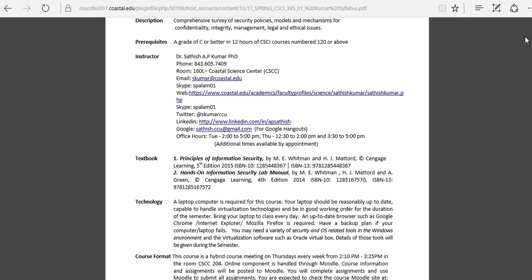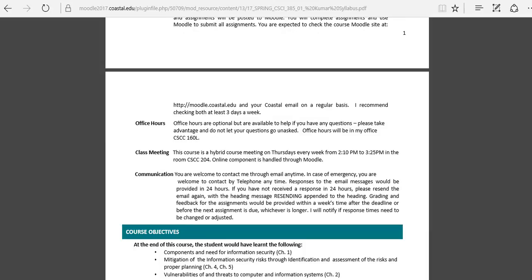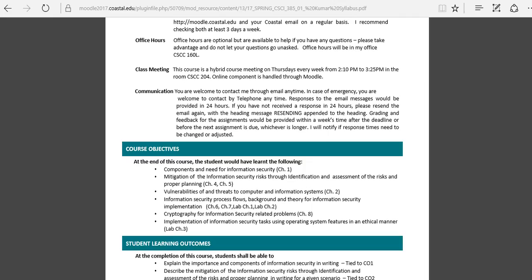You will be required to install virtualization software such as Oracle VirtualBox, and upon the VirtualBox you will be installing the Windows environment, where you will be conducting some security related lab assignments. Feel free to send me an email if you have any questions or need any clarifications, and I will try to reply within 24 hours.